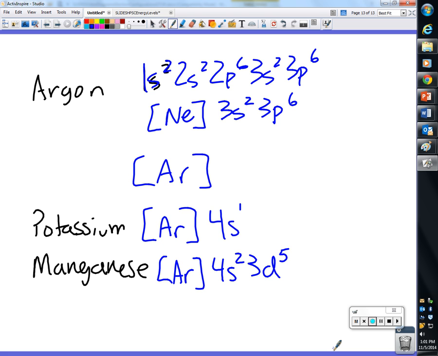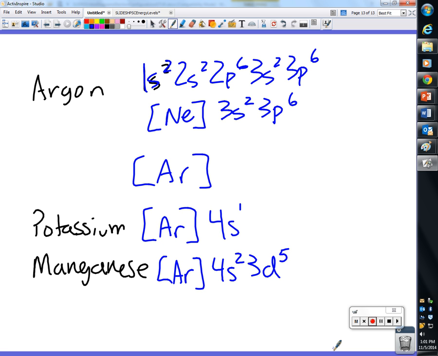And there's our electron configuration for manganese. How many 3d orbitals are there when you line it all out? Look on the front of your sheet. Next to 3d, how many lines are there? Okay, that makes sense now.